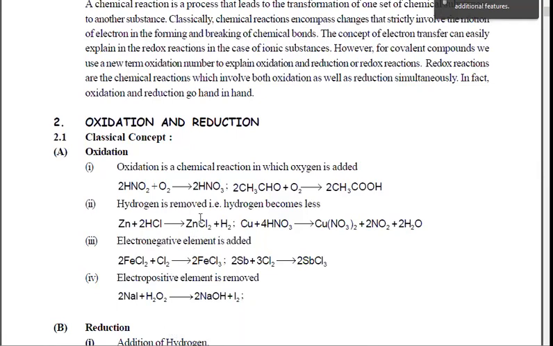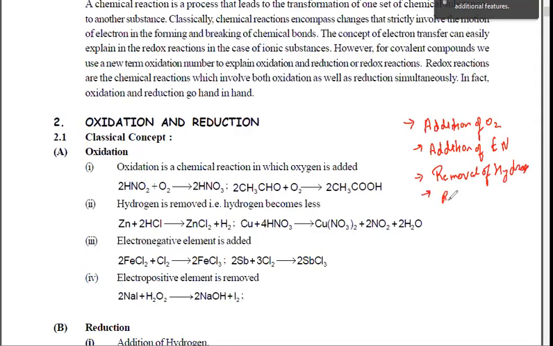Okay. So when you talk about the classical definition of oxidation, you can say that it is addition of oxygen, or addition of higher electronegative atom, or removal of hydrogen, or removal of electropositive elements.